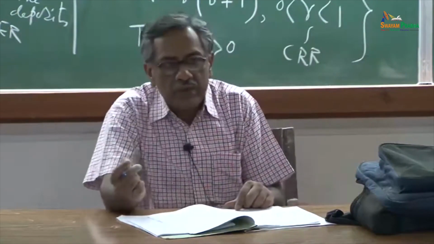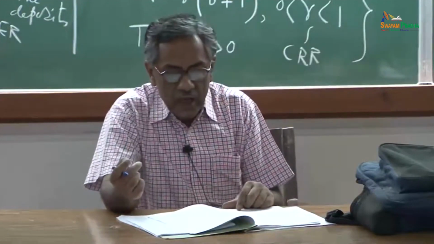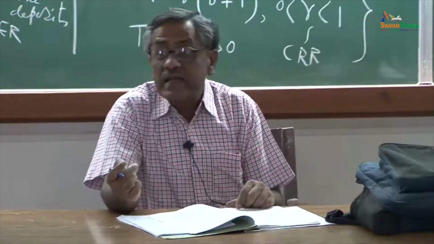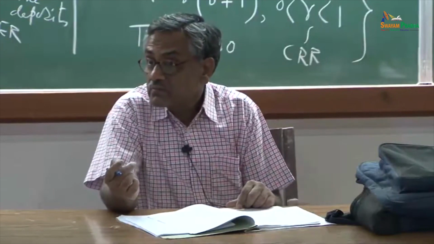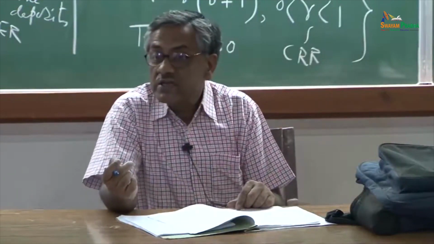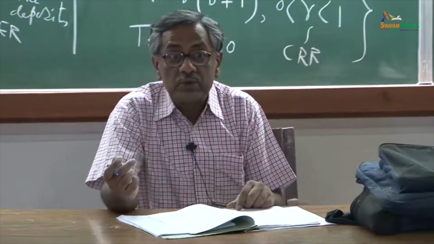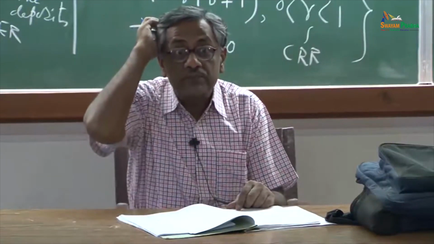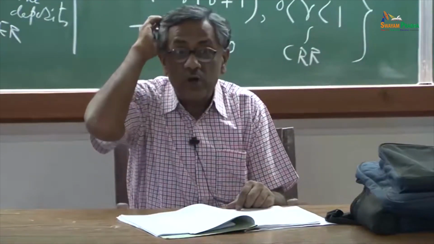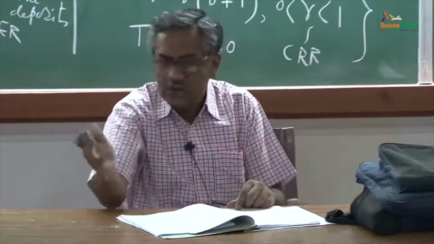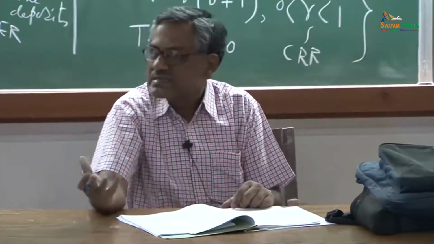E is a very small number. I will just check. 1 minus gamma will be say like 93%, and 1 plus t, t is usually a number greater than 1. So, 1 plus t is greater than 1 of course, so it has to be greater than E, so it is less than 0.